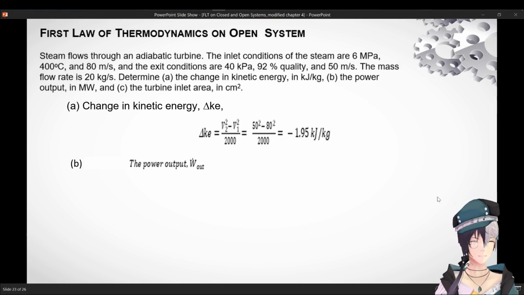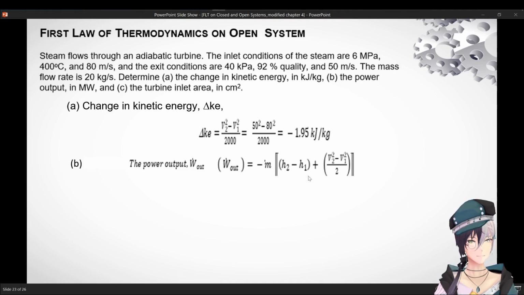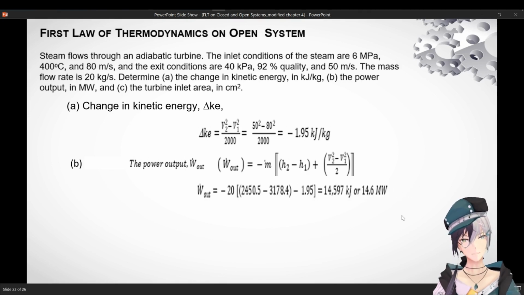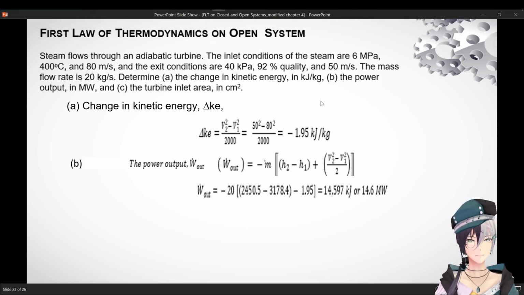And next is the power output, so work out. Earlier we solved for enthalpy, that's why we solved for it. So we have negative 20, negative 20. Flow rate is 20 kilograms per second. And these are the values that we got earlier, enthalpy 1 and enthalpy 2.